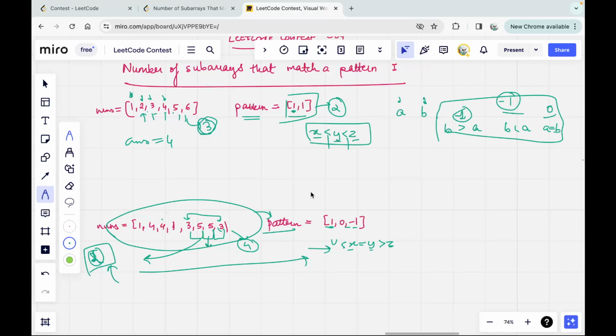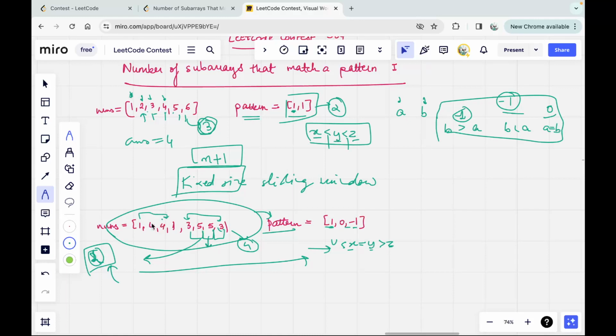You can already see here that it is a fixed size sliding window problem, right? Because all you are trying to do is slide the window by 1, and it is fixed size because you have to only consider subarrays of size m plus 1, correct? That is all you have to do.